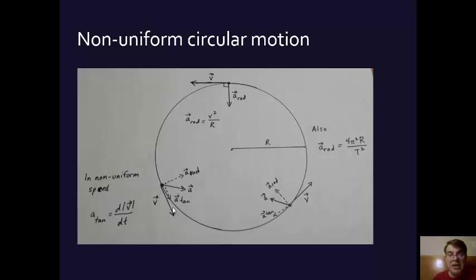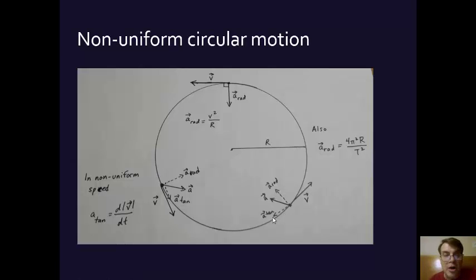But if it is accelerating and decelerating as it goes around the circle, then it's going to have a tangential component to the acceleration. Here, when it's increasing, there's going to be a positive tangential component. Here on the other side, where it's decreasing, you're going to have a negative tangential component.